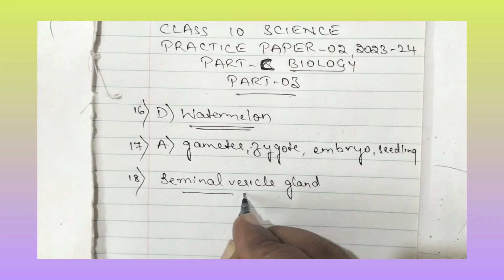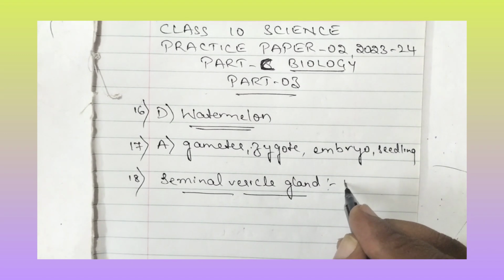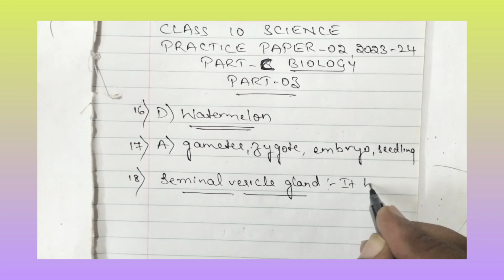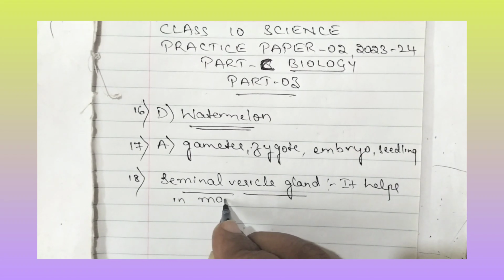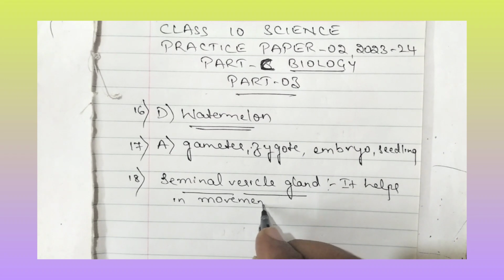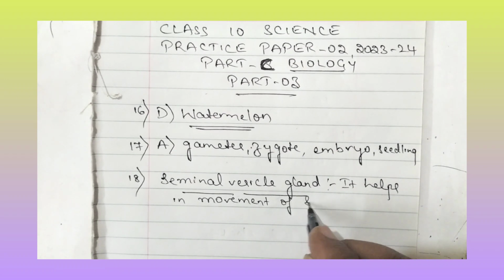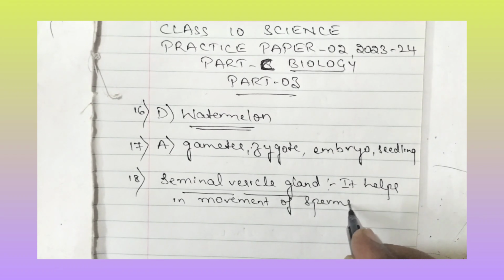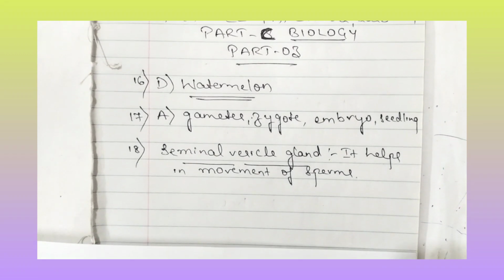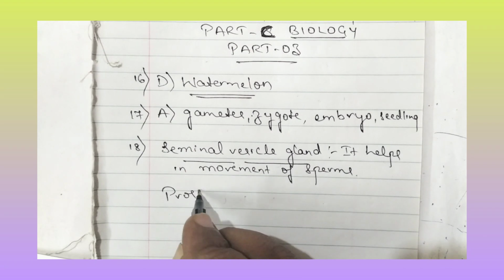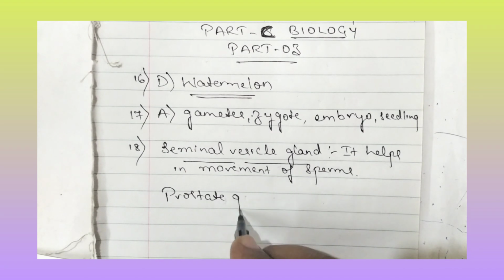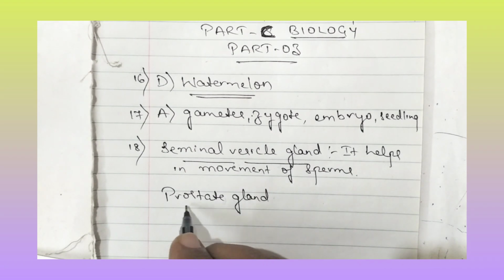The function of seminal vesicle gland is it helps in movement of sperms. So that is the function of seminal vesicle gland. Then what is the function of prostate gland?